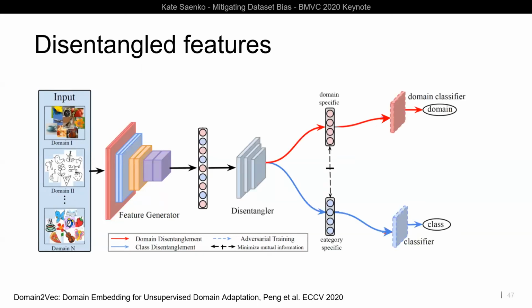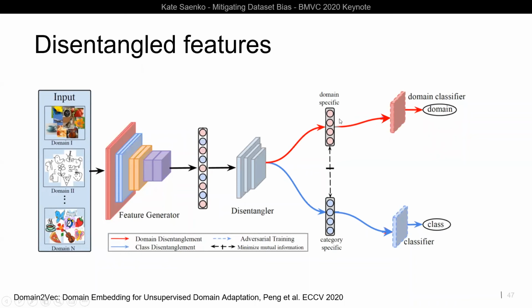And then in addition, on top of that, we add a disentangler network, which takes that feature representation predicted by the generator and generates two components based on that. The first is the domain-specific feature vector, and the second is the category-specific feature vector. And the domain-specific part is fed into a domain classifier which tries to predict the domain label.